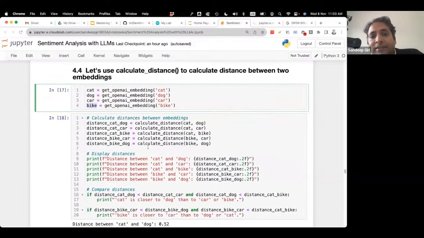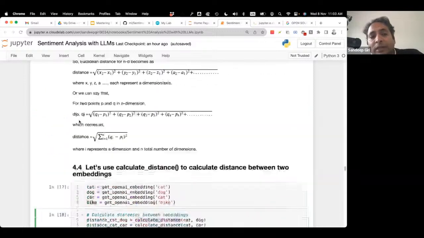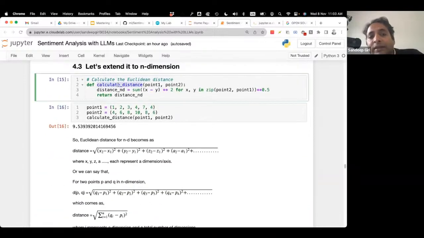So then we are saying calculate distance. Remember the formula that we derived here? What it does is it goes over all the axes of point 1, point 2. It's not x, y, it's basically point 1 and point 2's p1, p2 value, for each axis.